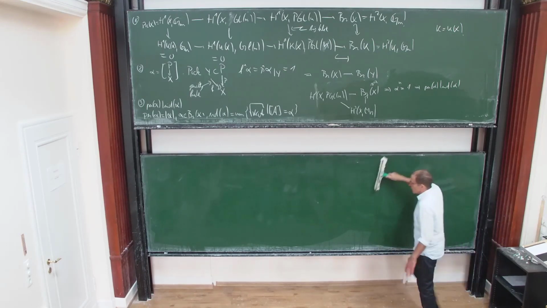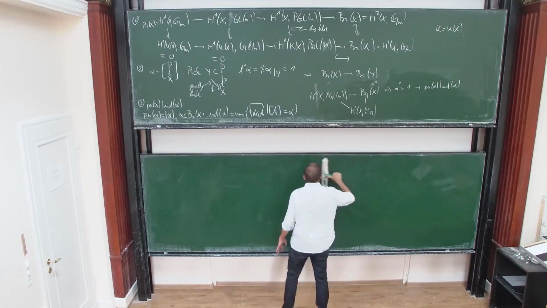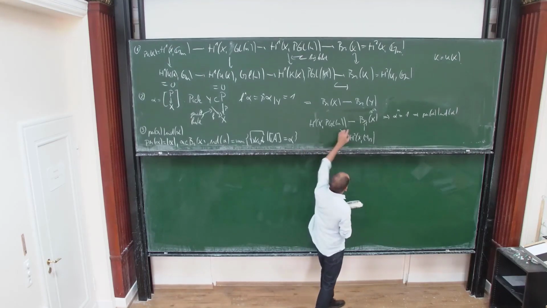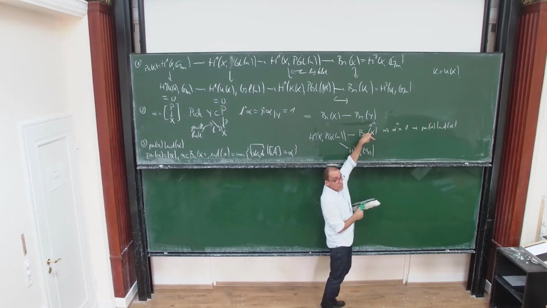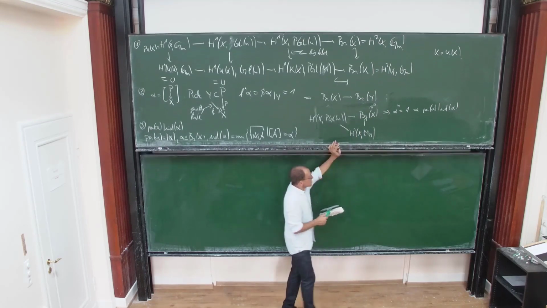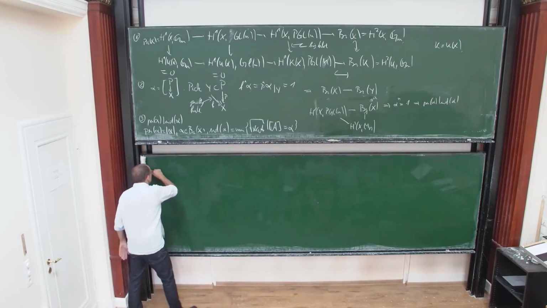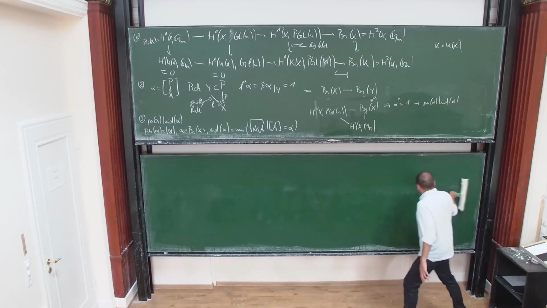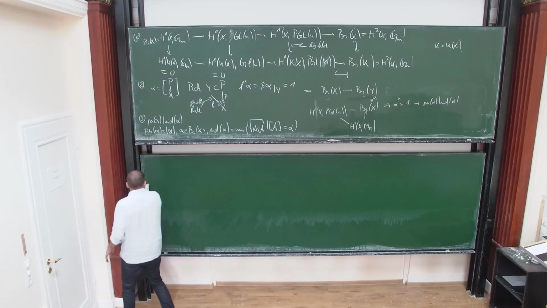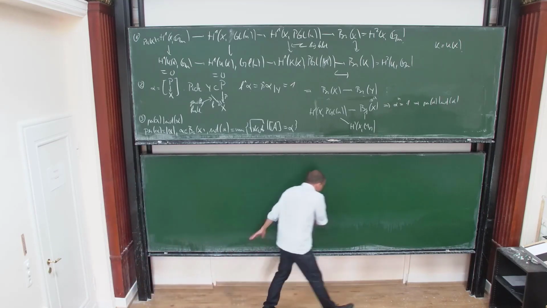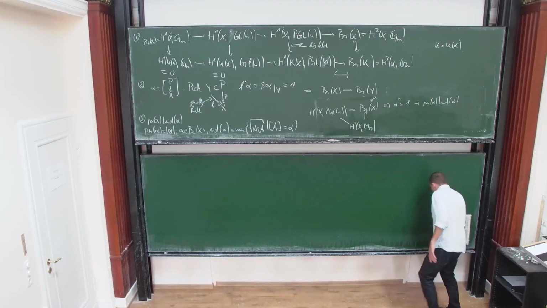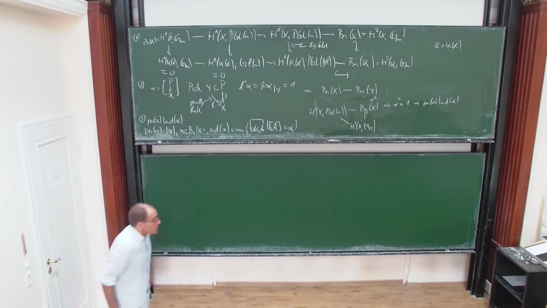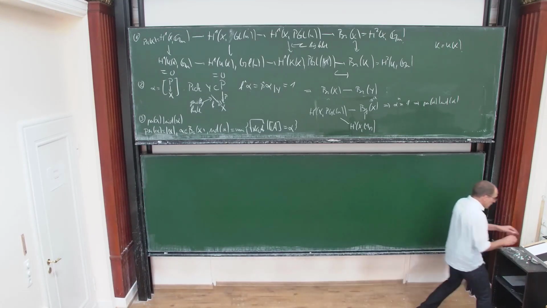Because the index, yes, you can do this by the field. This is slightly stronger in the sense that I realize the class on a scheme and not just on the function field. But this is just meant to give you some geometric intuition why these things in the algebraic world hold true. And I find this quite satisfying that you do have a definition. Maybe the next one is actually the most interesting one. So this is about the splitting field, the splitting degree.